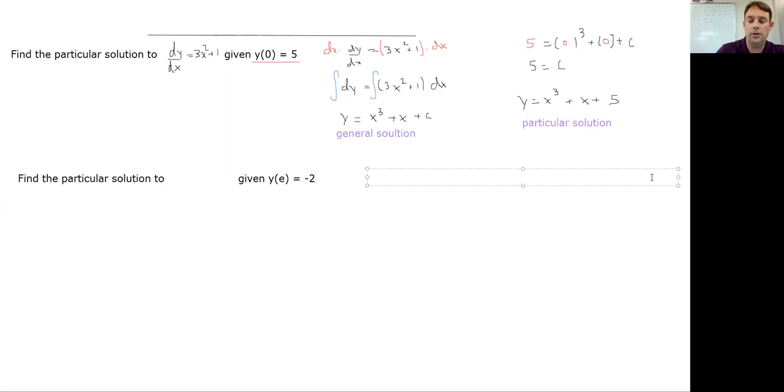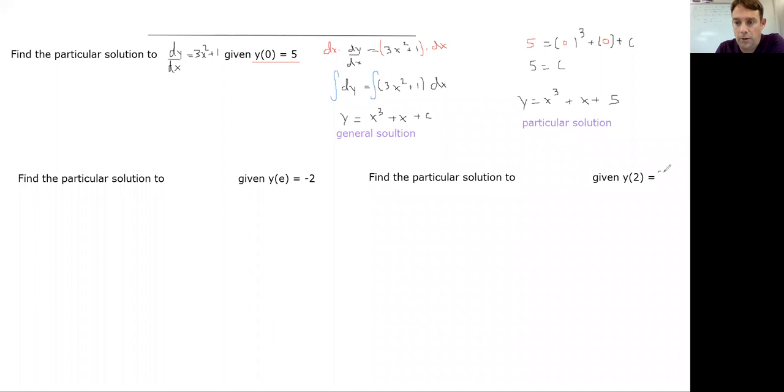And another one for you guys. Find the particular solution to whatever the equation is I give you, given y of 2 equals, I'm going to make it pi.